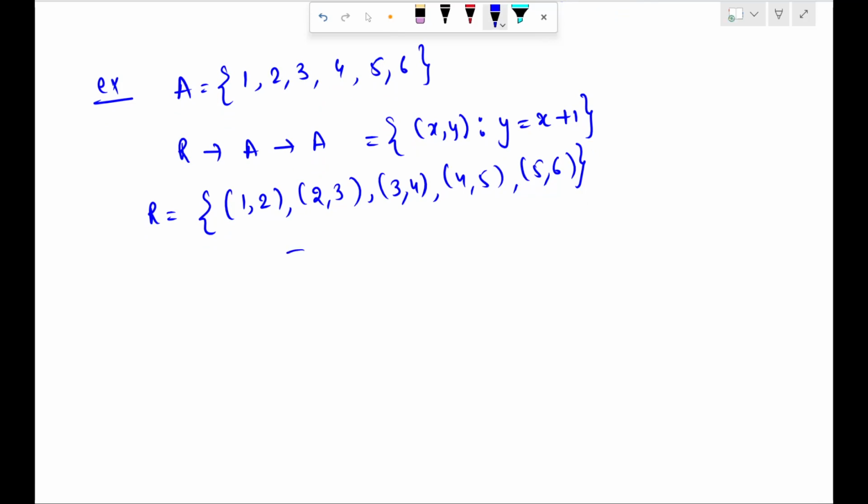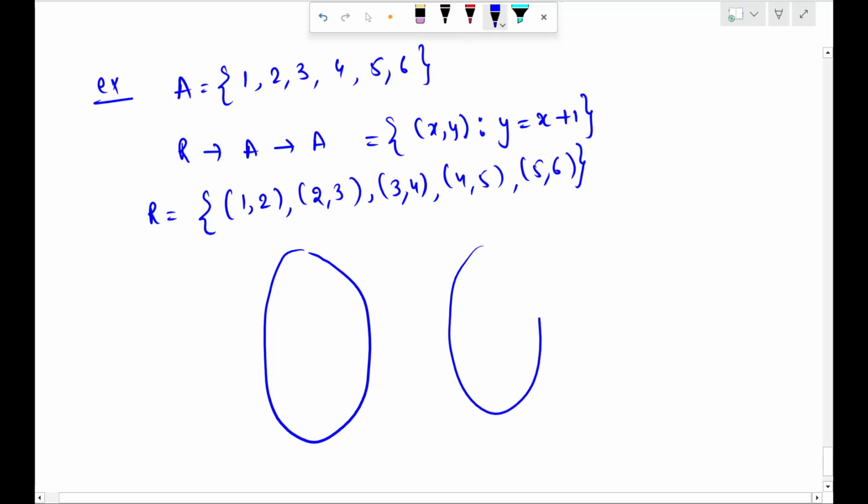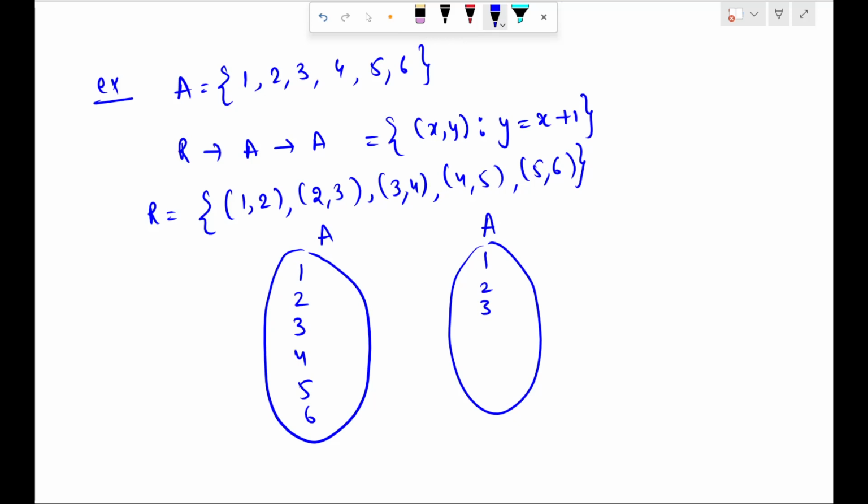So here, if we represent it by arrow diagram, this is set A and this is set A, which contains 1, 2, 3, 4, 5, 6. So we have 1 to 2, 2 to 3, 3 to 4, 4 to 5 and 5 to 6.